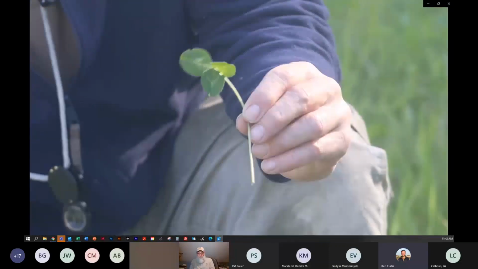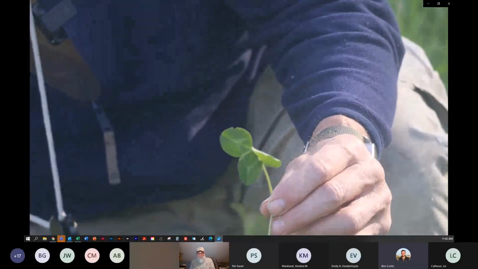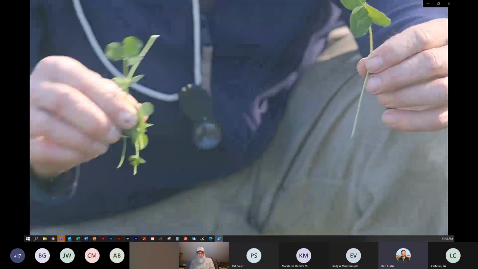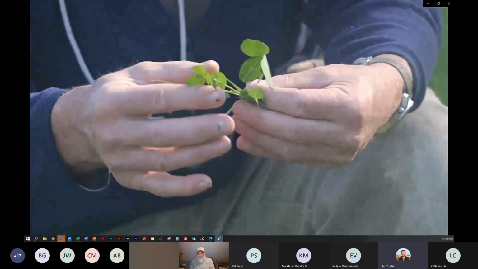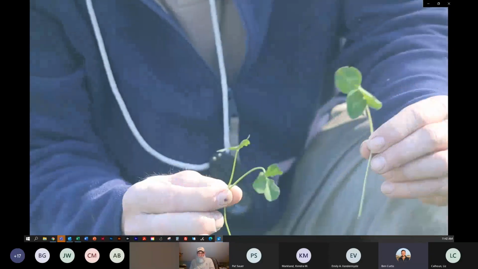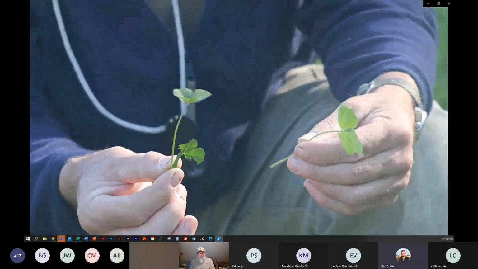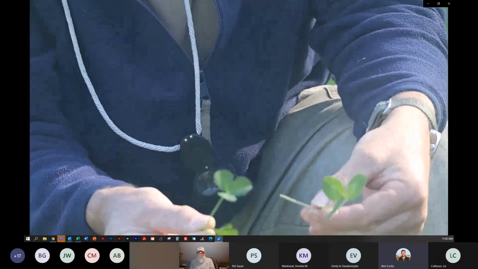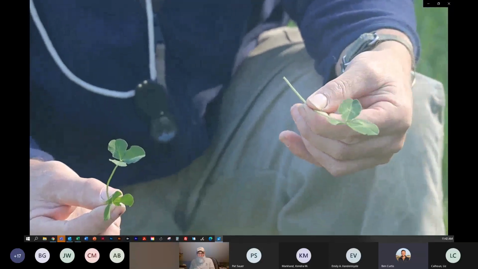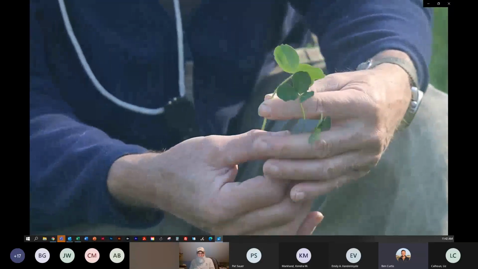I'll hold up here a red clover, here's a white clover, some white clover leaves, get rid of the grass there. And so you can see that there's a difference in size. Generally, white clover leaflets are a lot smaller, these right here, compared to the red clover leaflets over here.